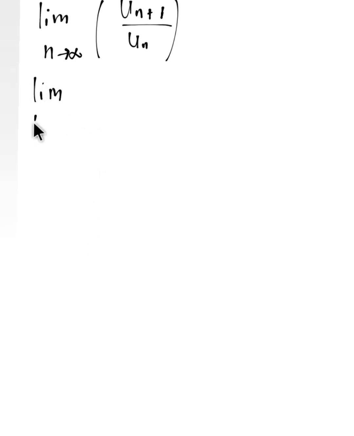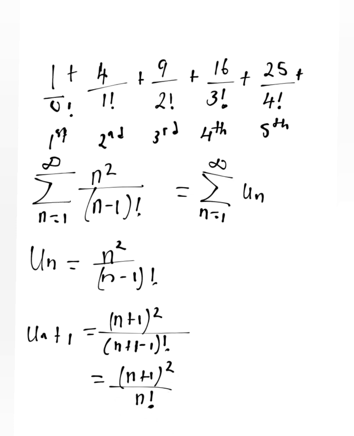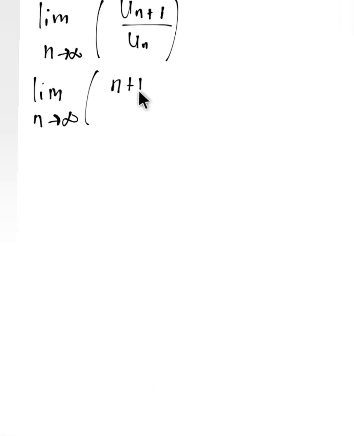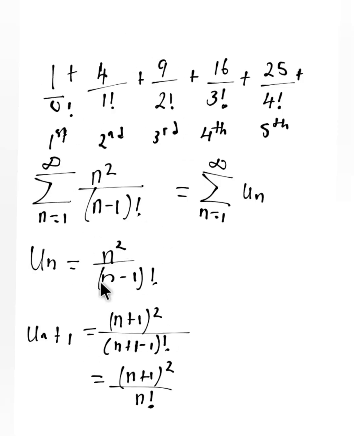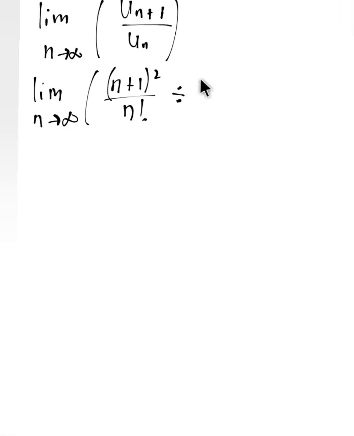This is the limit as n tends to infinity of un plus 1, which is n plus 1 all squared over n factorial, then divided by un, and un is n squared over n minus 1 factorial.